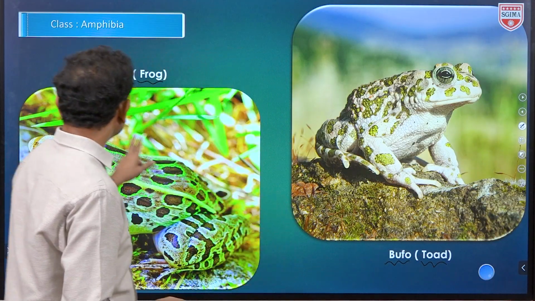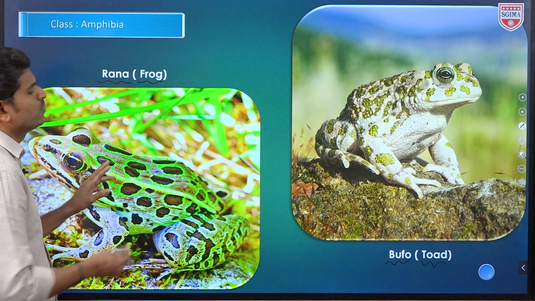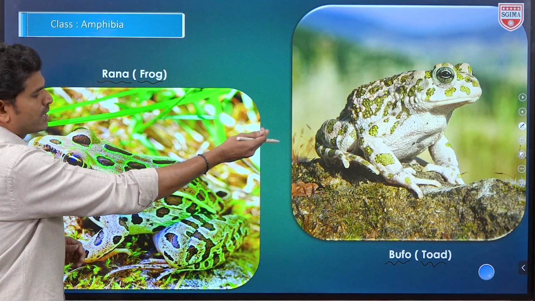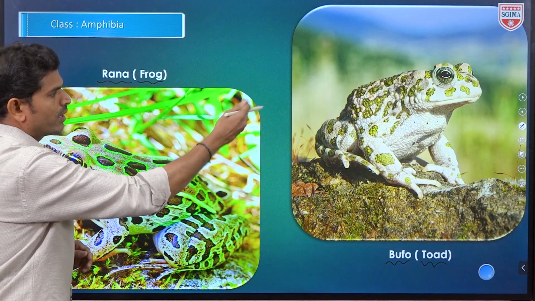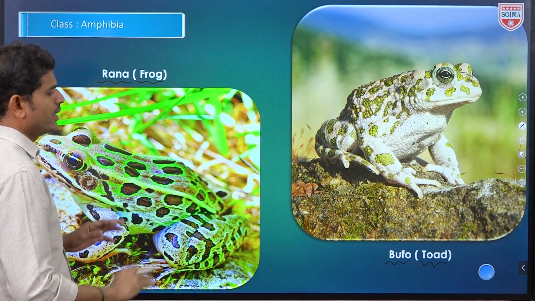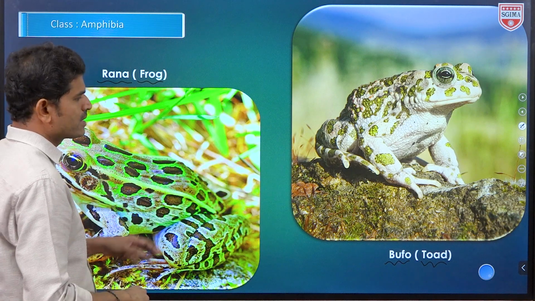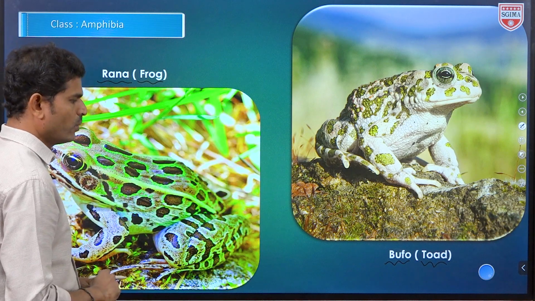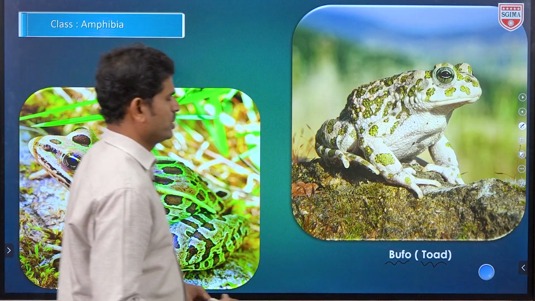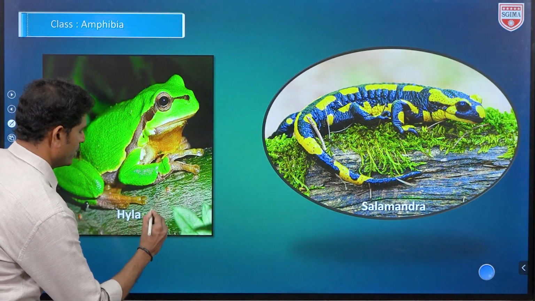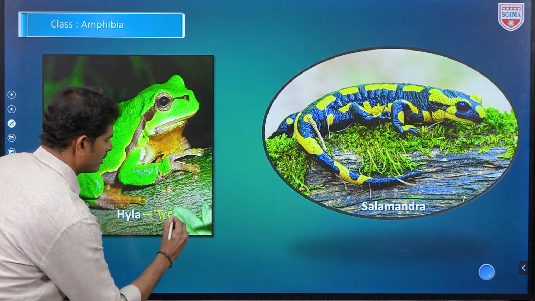Okay, now this is an aquatic frog, so its habitat is different. Of course, these also use water for reproduction purposes. Common characters also, both are frogs only, no difference, but the habitat differs, and the skin may vary a little. Okay, next they have given Hyla, this is a tree frog.